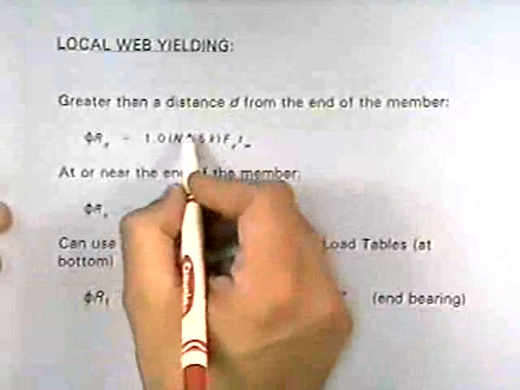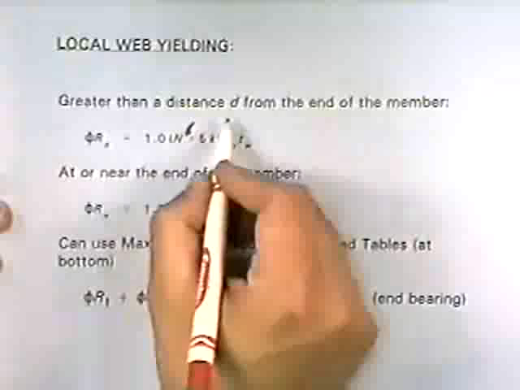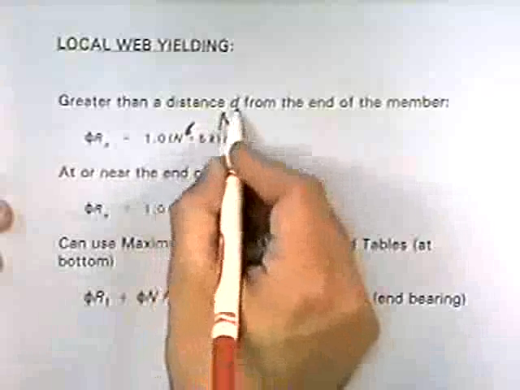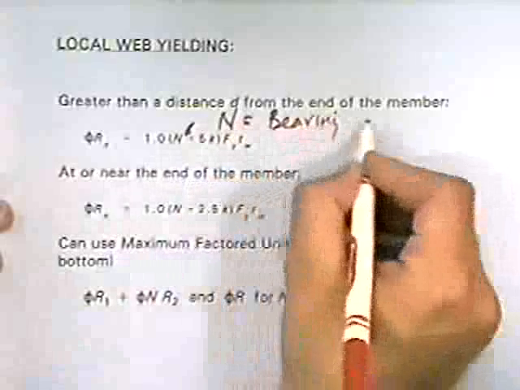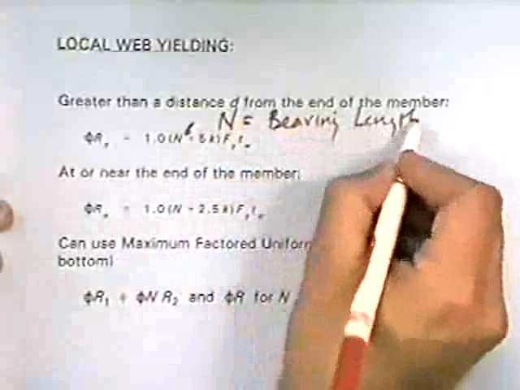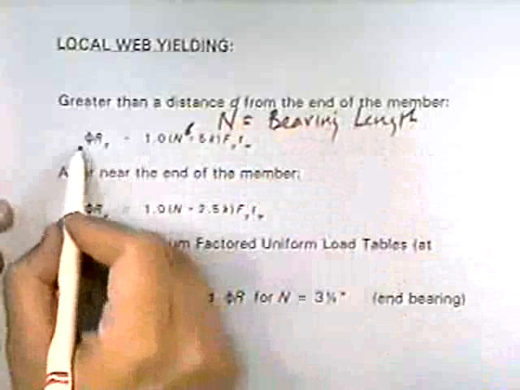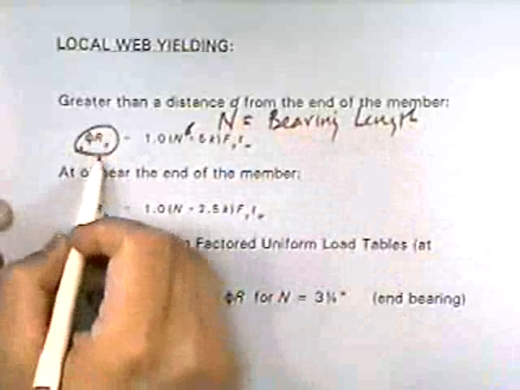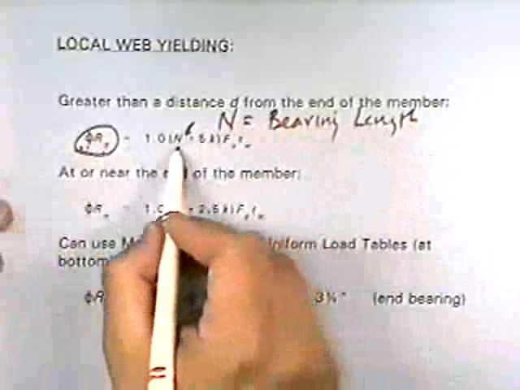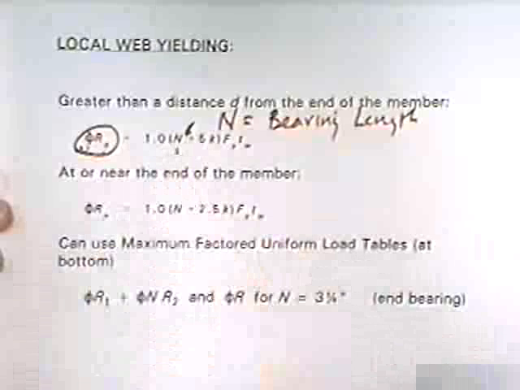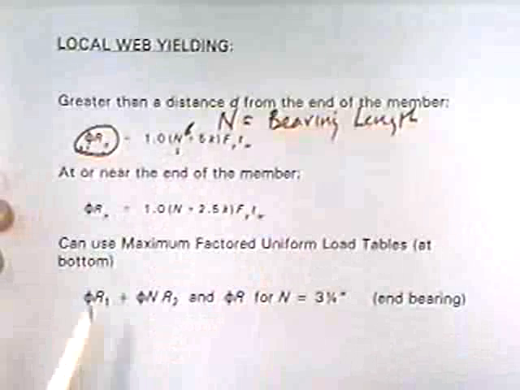These design equations have in them N, which is the bearing length, so a lot of times you're letting your reaction equal phi R sub n, and then turning things around and solving for the required length.